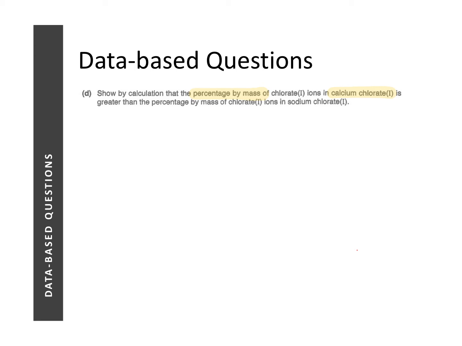Rather, you need to recall that in our syllabus we learn percentage by mass. And how do we calculate percentage by mass? In the topic of mole concept, we learn that to calculate percentage by mass we need three important pieces of information. One is the mass of part, two is the number of parts, and three would be the mass of the whole compound or the whole substance.